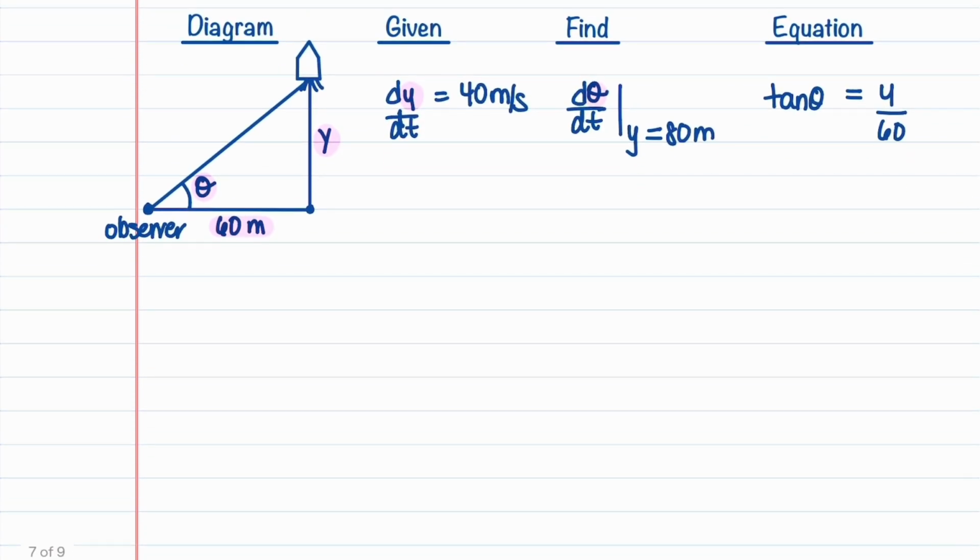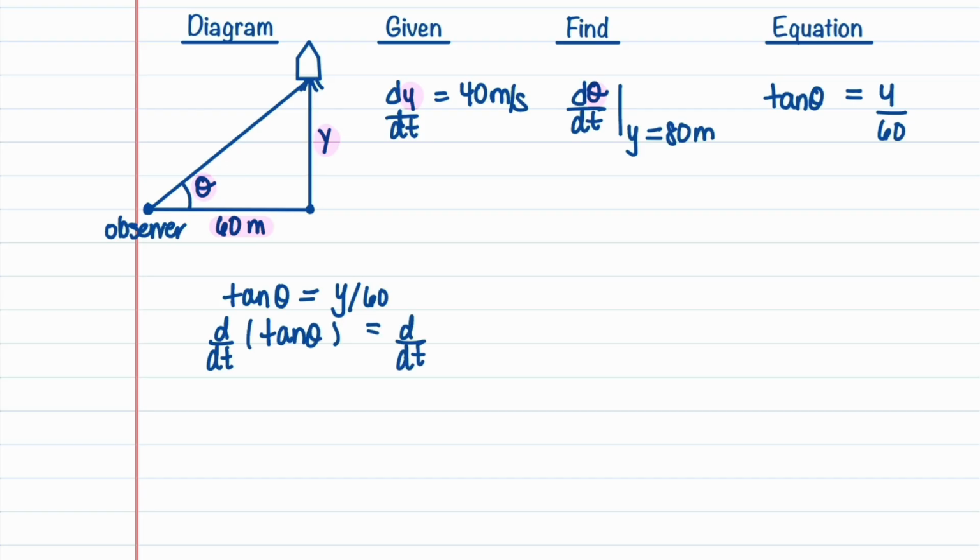Now we're going to take that equation and differentiate it with respect to time. So let me go ahead and write our equation down here. Tangent theta is y over 60. And we're going to take the derivative with respect to time of both sides. So d/dt of tangent theta is d/dt of y over 60.